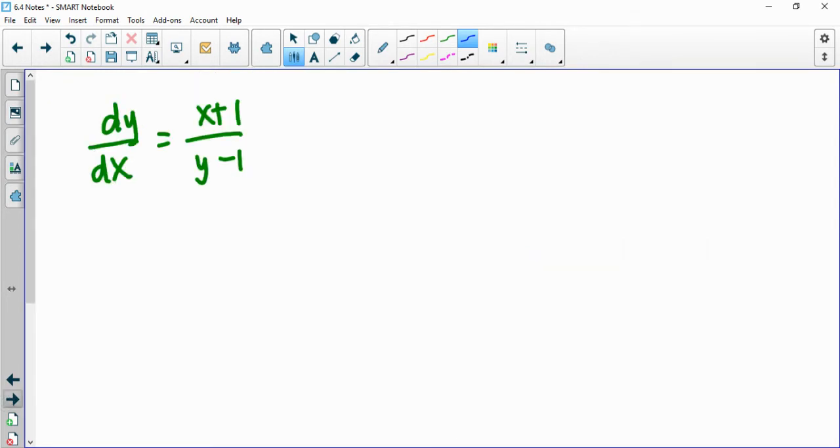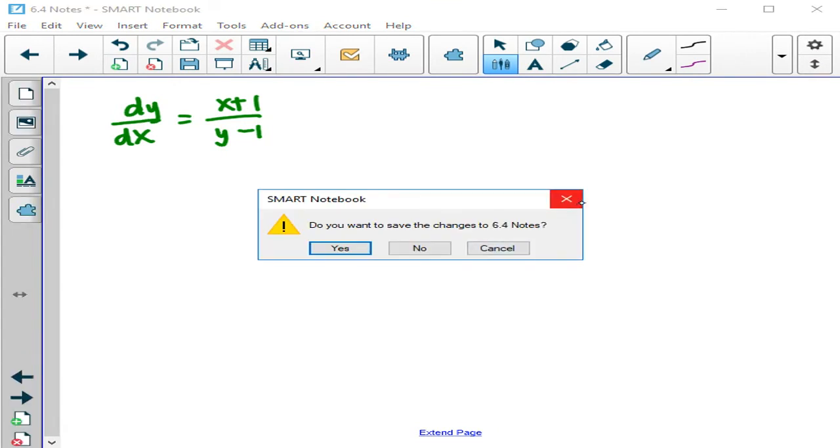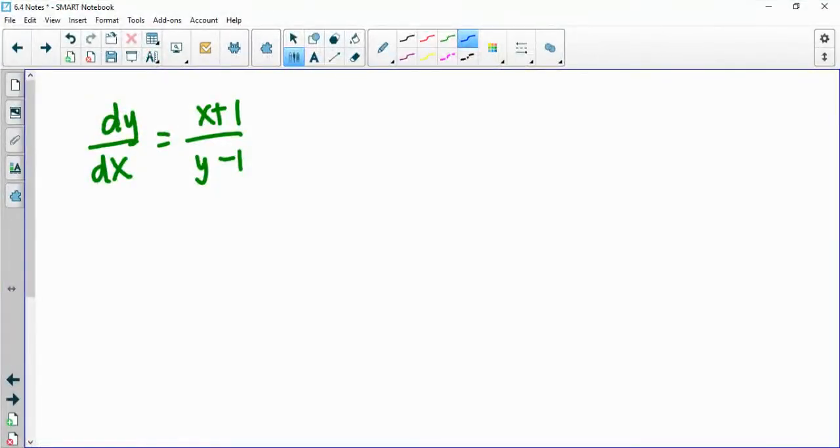Okay, so now we have dy over dx equals x plus 1 over y minus 1. So we're going to start the same way we did before. So multiply both sides by dx.